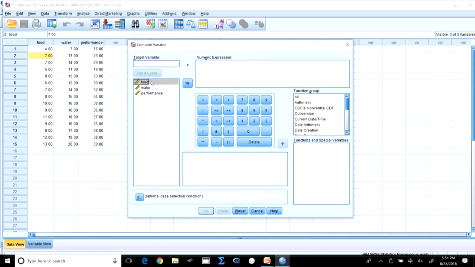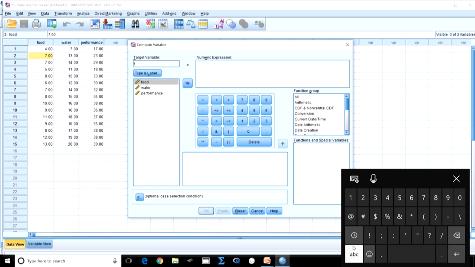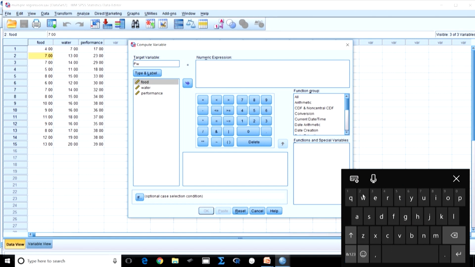I will create a new variable, food multiplied with water. I can name it FW, no issues.